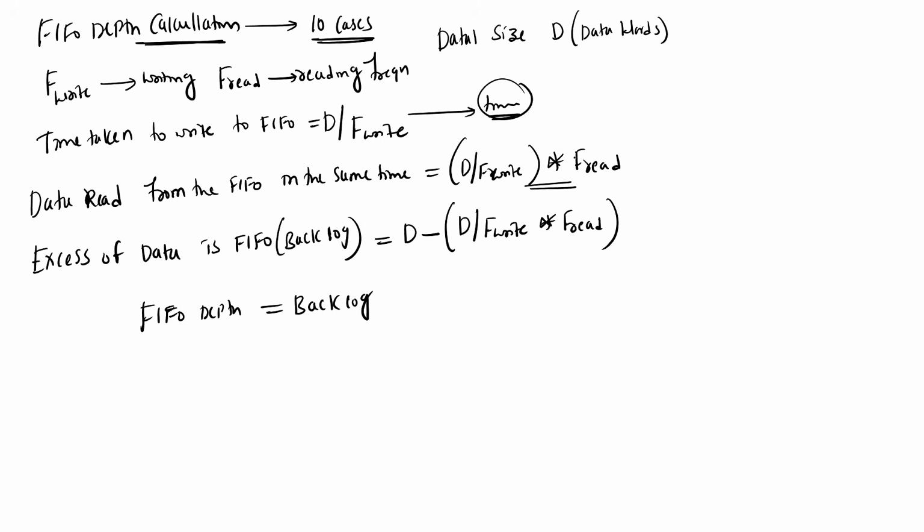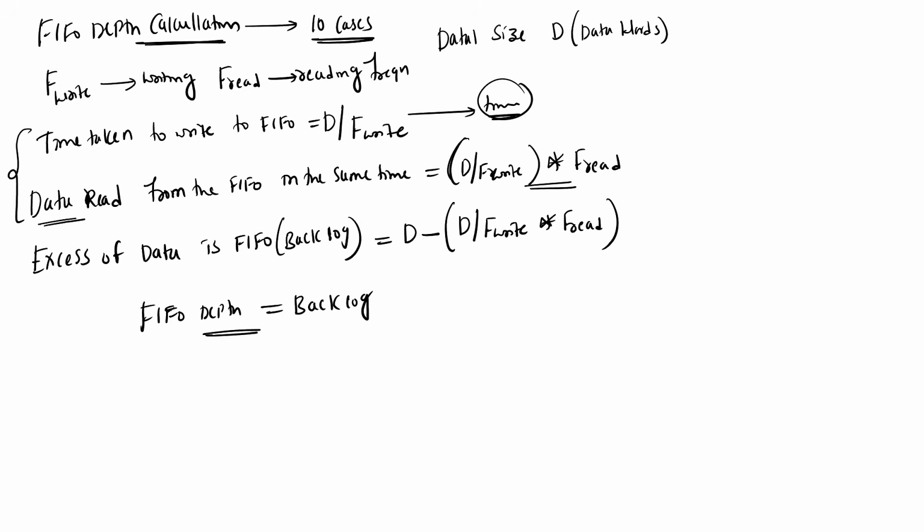Data read from the FIFO in the same time is D by F write into F read. These are the formulas. So these times are equal, at the same time it should read the data. D minus this quantity gives the backlog or FIFO depth. Quantity-wise they are not equal, because F read is multiplying. Otherwise, without formulas also we can do it, so just remember these formulas.